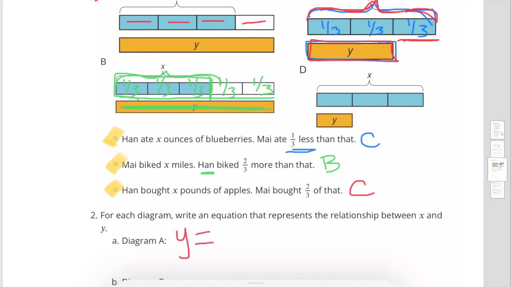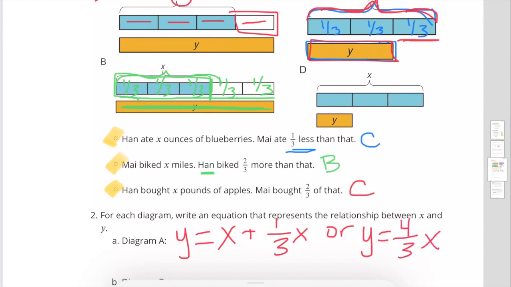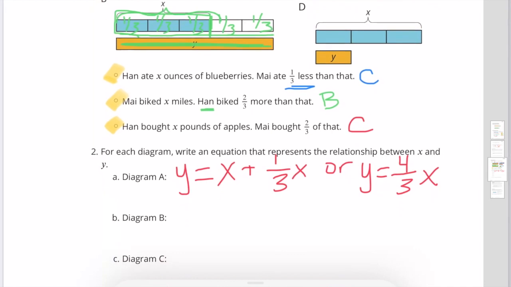So Y is equal to X plus another third. So Y equals X plus 1/3 X, which is how many total thirds? Be 4. So I could also write it as Y equals 4/3 X.